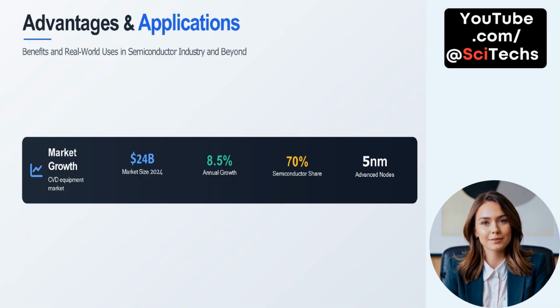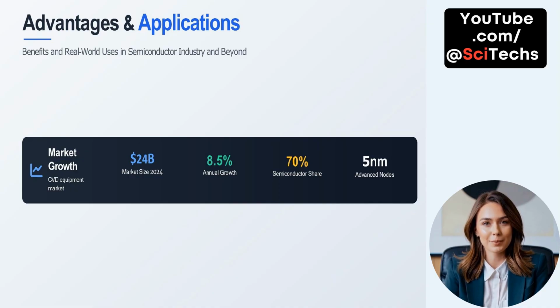Market growth. The chemical vapor deposition, or CVD, equipment market is experiencing significant expansion. As of 2024, the global market size has reached $24 billion, reflecting strong demand across various industries, particularly in semiconductor manufacturing.